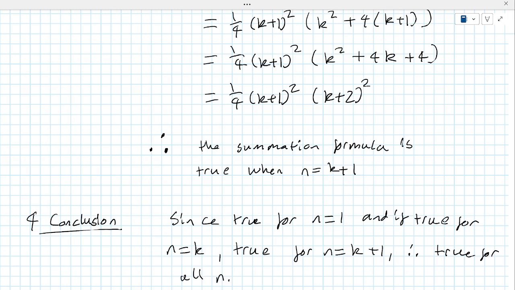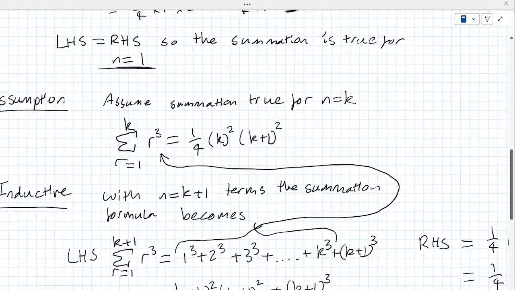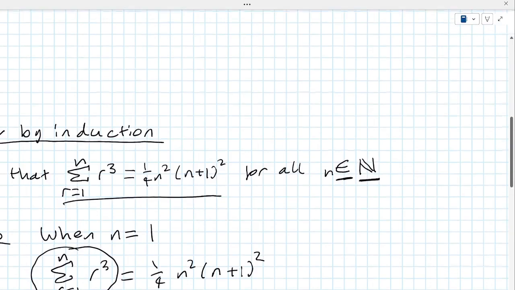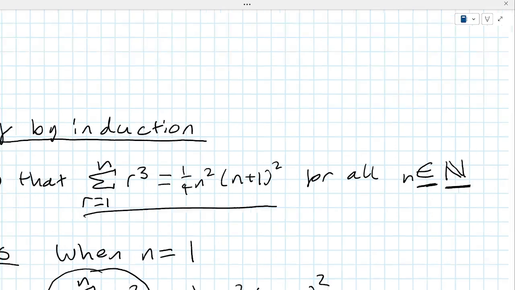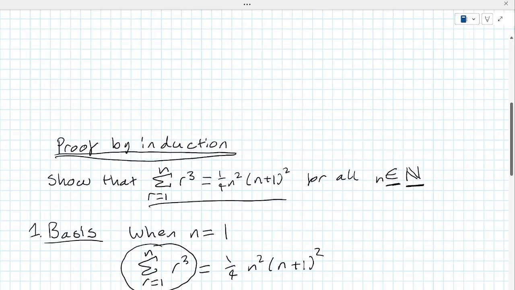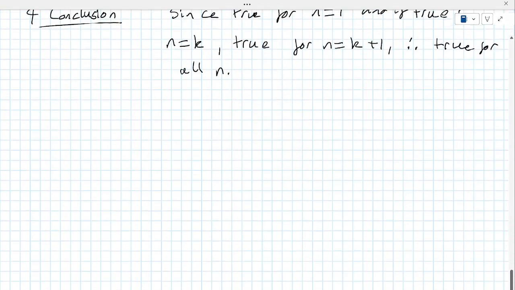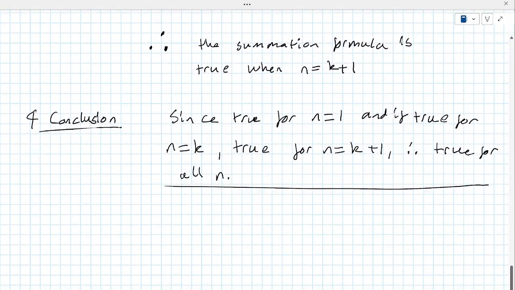And that is actually what Dr Frost suggests you put as your conclusion step, so I'm also going to put it. So that is how you prove that the sum of r cubed from r equals 1 to n equals 1 over 4 n squared, brackets n plus 1 squared, using proof by induction. I hope that helped, and thank you very much to Dr Frost Learning for suggesting this conclusion step, because the way they put it in the books is kind of long-winded, and this should get you all the marks.